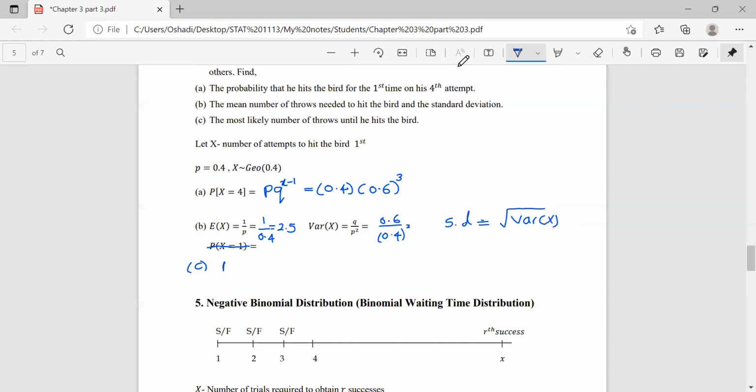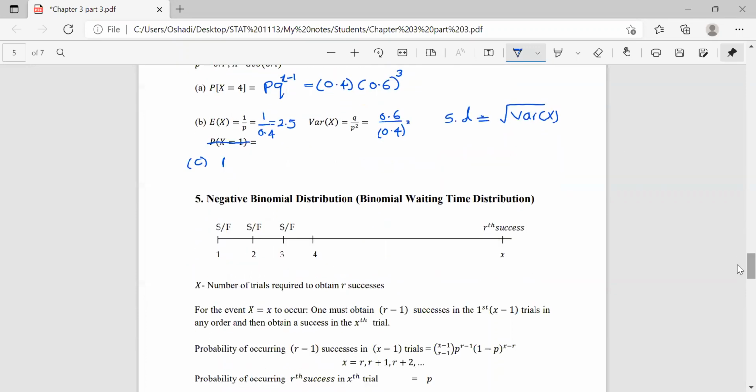In the geometric distribution, we are concerned about the number of trials to obtain the first success. So next is the negative binomial distribution. We call it the binomial waiting time distribution as well.